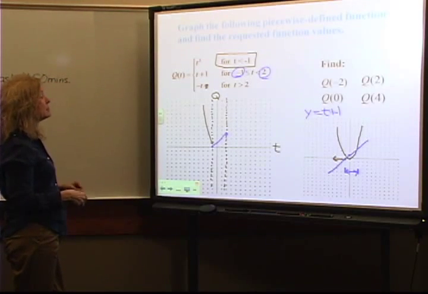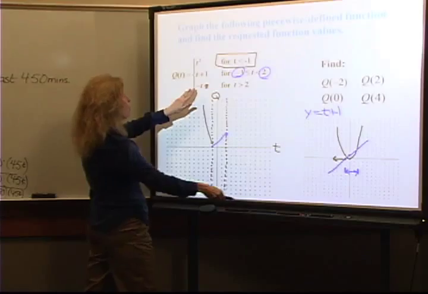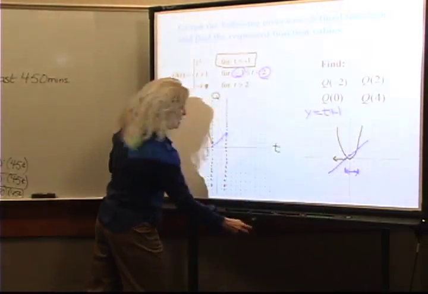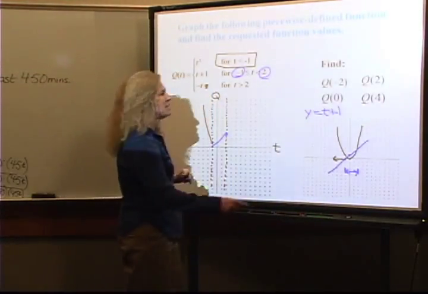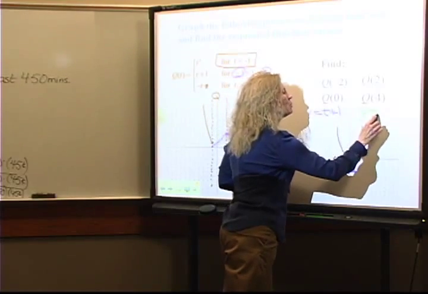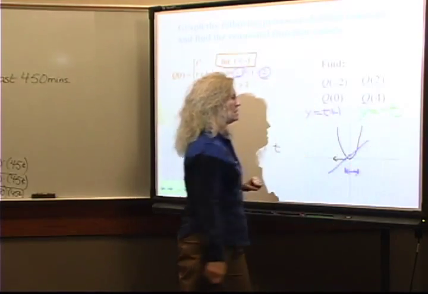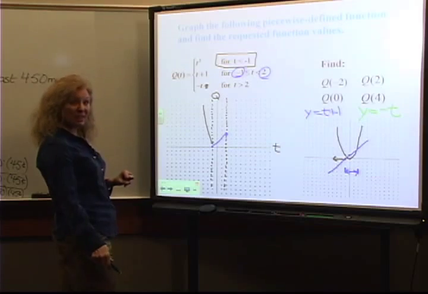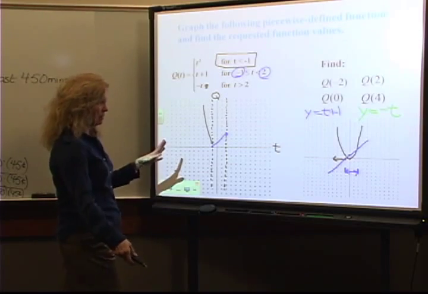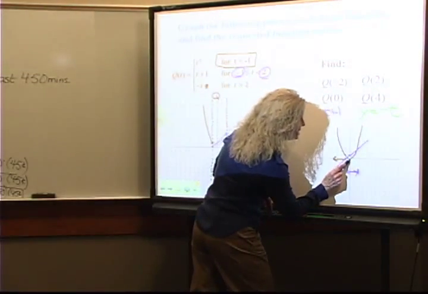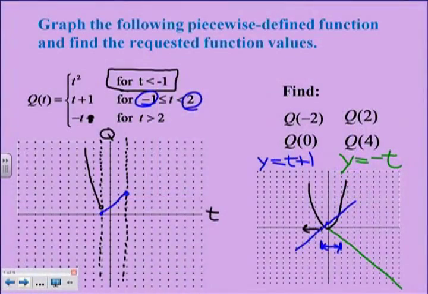And then the last one, we have y equals negative t. Y equals negative t. You know what that looks like? It's running down here with a slope of -1. It has a y-intercept of 0. And then the only thing is, well, what piece of it do I want?